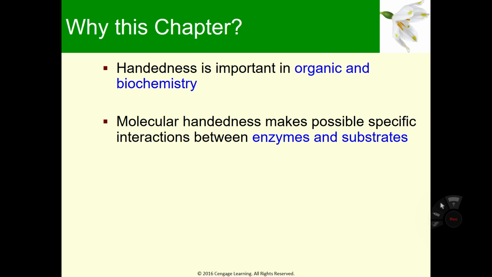For example, all amino acids except one have handedness. Most carbohydrates have handedness. A lot of proteins made of amino acids also have handedness. Many substrates of enzymes also have handedness.